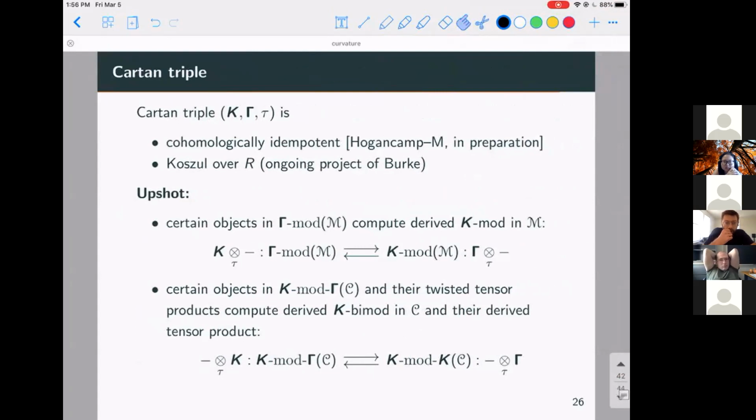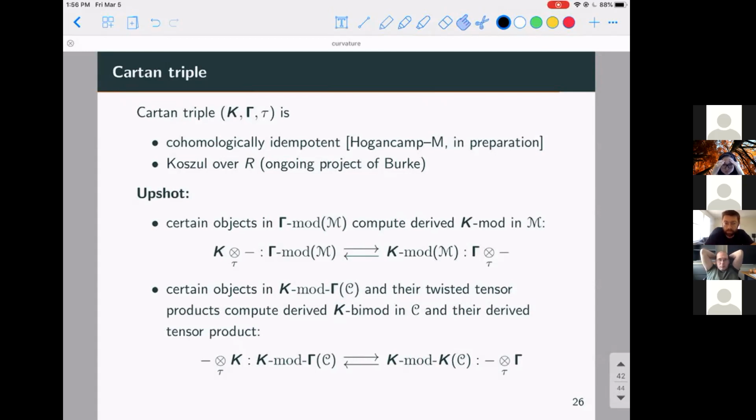So this deformed triple, the deformed BGG triple, at some point I started calling it the Cartan triple. It's still Koszul in some sense. To make sense of this is a little bit difficult because now you're not working over a field anymore, and so you have additional model theoretic difficulties apparently.